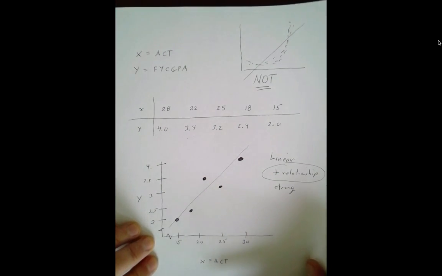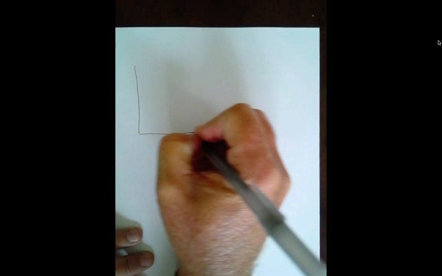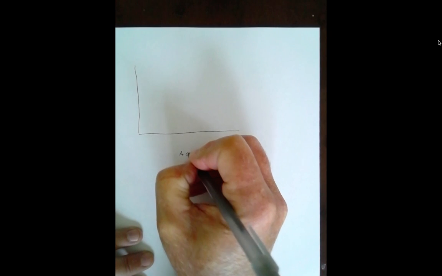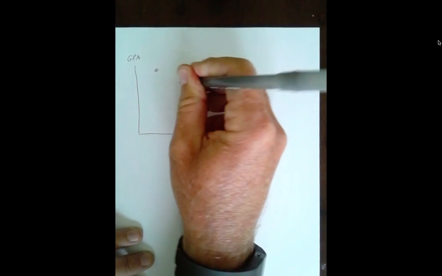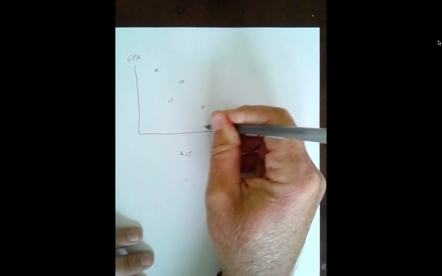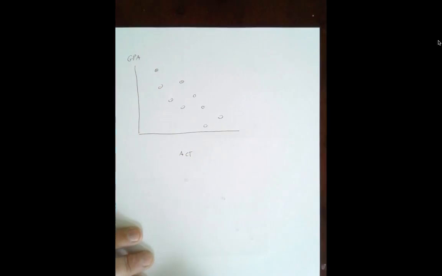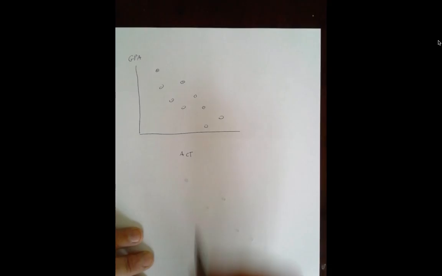Now, what if it was reversed? What if something wacky happened with a data set of this nature where we had ACT and we had GPA and we had something like that? Well, linear, yep. Positive or negative? Clearly negative.